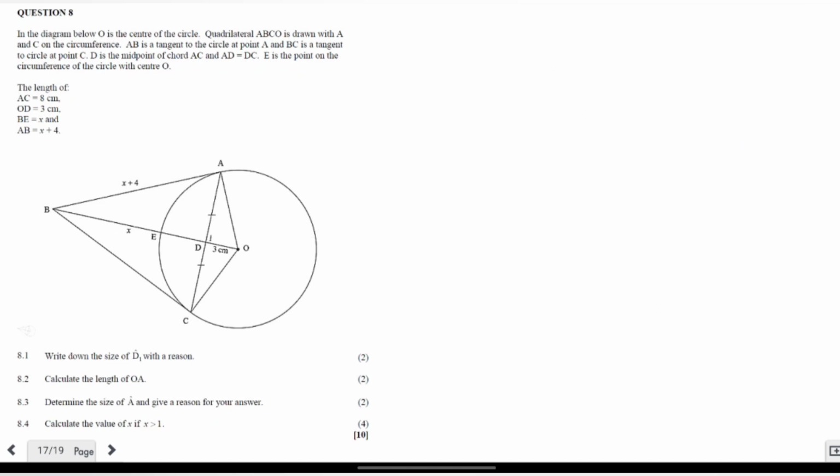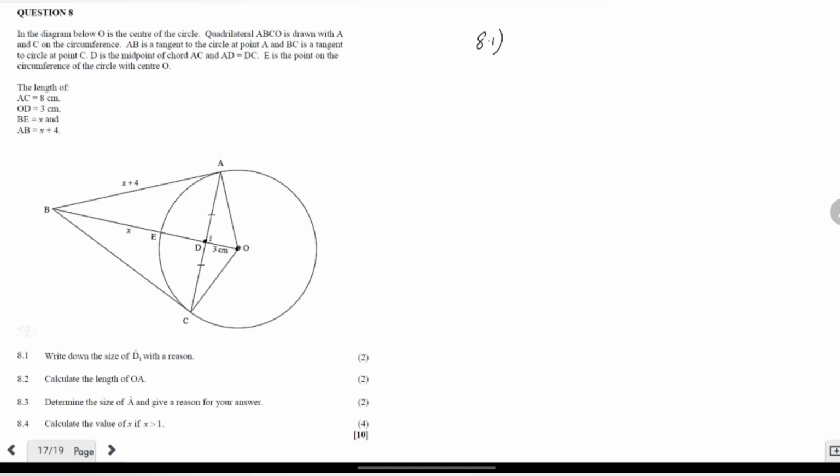Question 8.1: Write down the size of D1. Guys, look here. This is the center. You can see the circle with the center. It is given that AD and DC are the same, isn't it? AD and DC. So, isn't it that theorem?